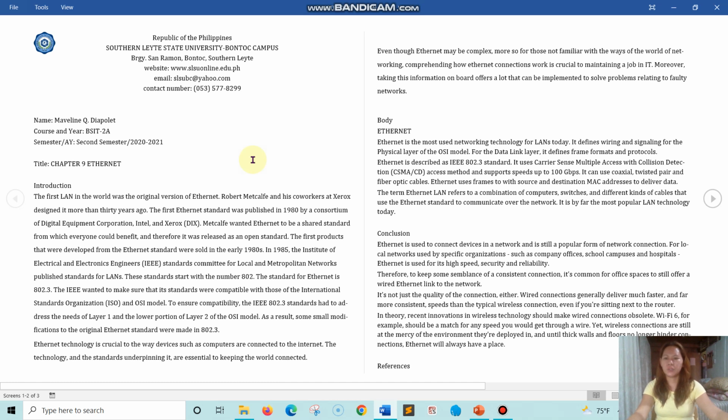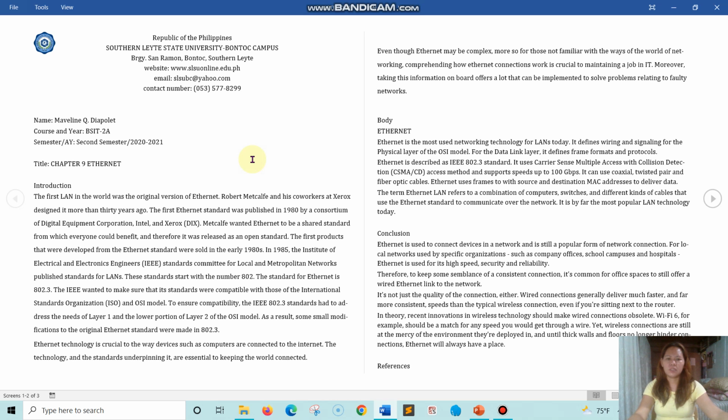So in the introduction, the first LAN in the world was the original version of Ethernet. Robert Metcalfe and his co-workers at Xerox designed it more than 38 years ago. The first Ethernet standard was published in 1980 by a consortium of Digital Equipment Corporation, Intel and Xerox.